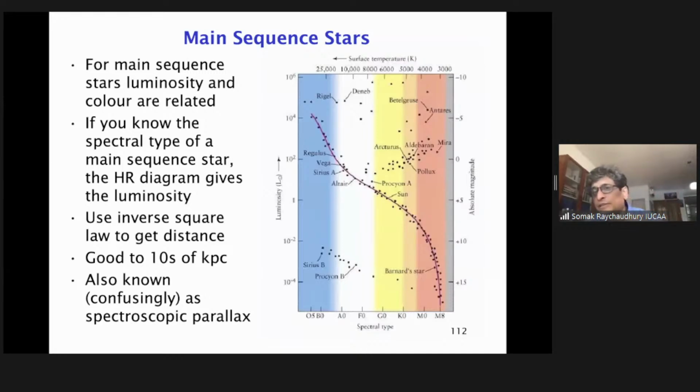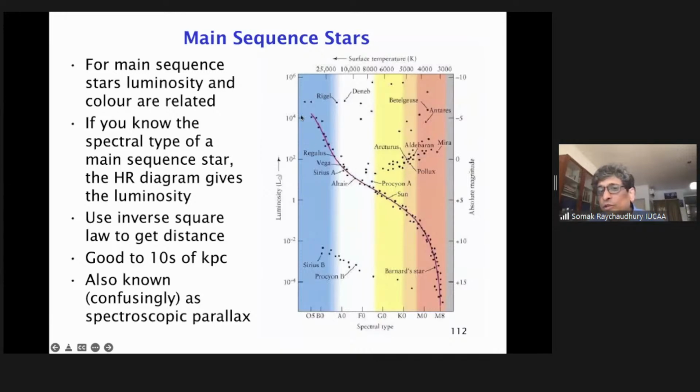Our sun, for example, will last for 10 to the power 10 years. It's halfway through its life now. It has been on the main sequence for the last 4.5 billion years, and it'll spend another 5 billion years here. So most stars are here.